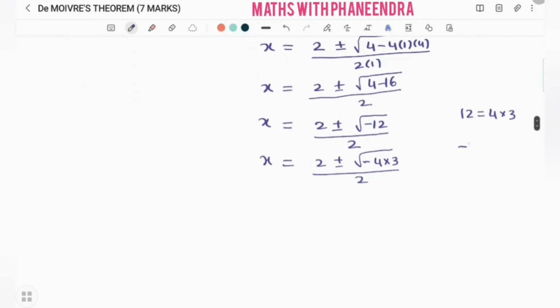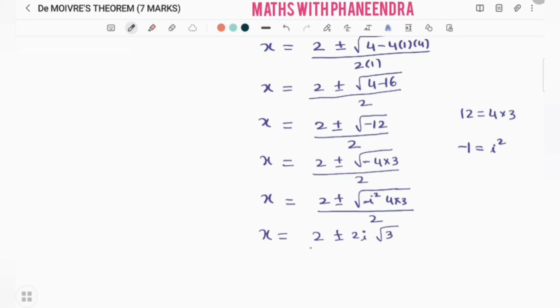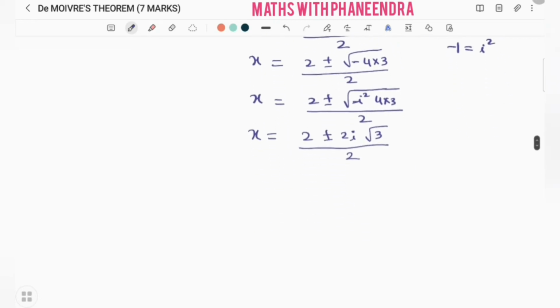And minus also can be written as i square. X is equal to 2 plus or minus root of i square into 4 into 3 divided by 2. 4 we can take outside, it will become 2. So 2 plus or minus 2i into root 3 divided by 2.